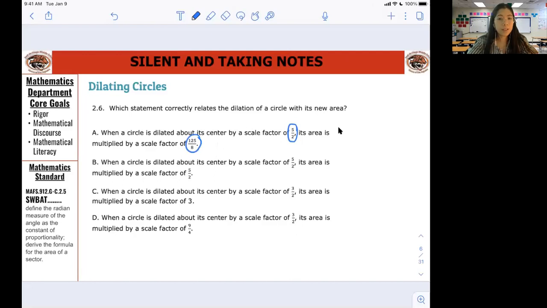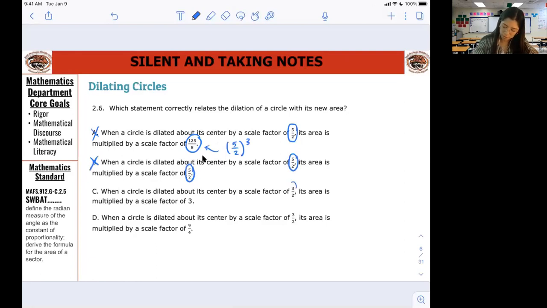Not scale factor of 3, Jalen, but you're really close. What they did was they did 5/2 to the power of 3. Cubed, yeah. Which is not the right relationship. B. Would the area be the same as the scale factor for the radius? No, it would not. It would not be the same.